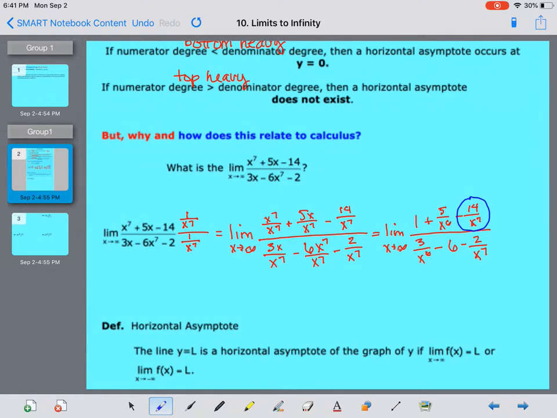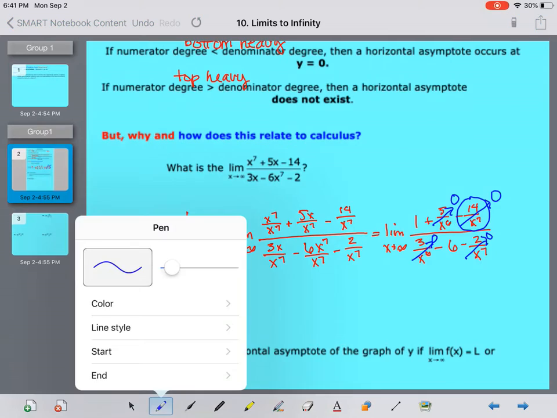When that happens, the value of the fraction is incredibly small, so small that we would say it approaches 0. As the denominator approaches the largest number possible, the fraction is going to approach 0. If that's the case, so does this one, and so does this one.